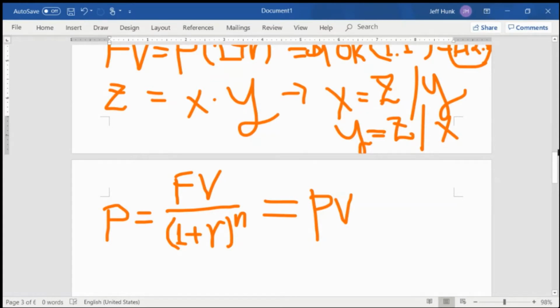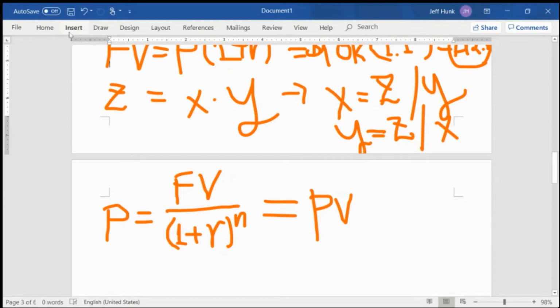No matter how complicated, if you can identify the structure, you can solve any equation, right?